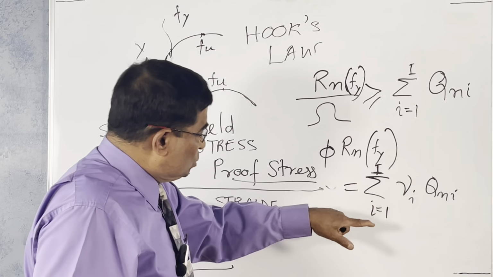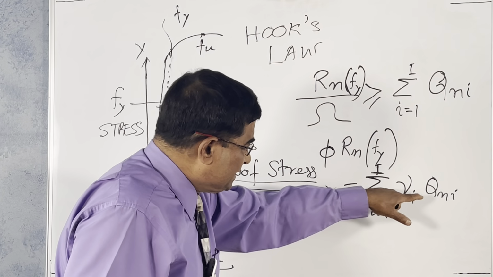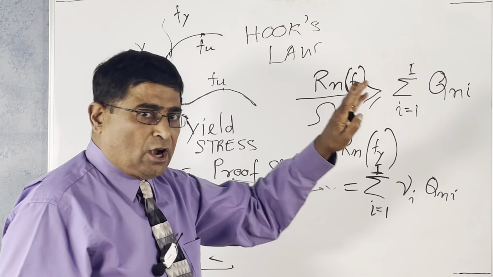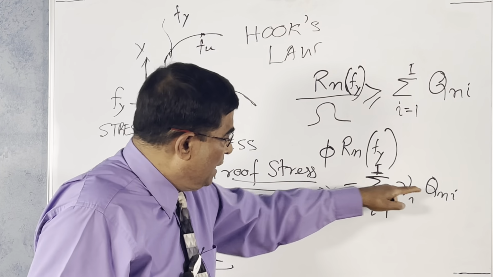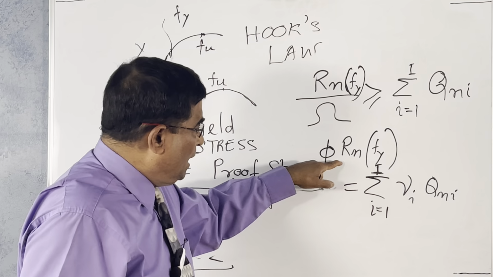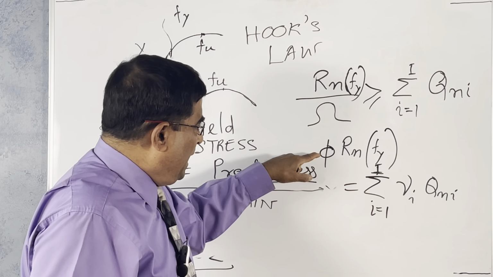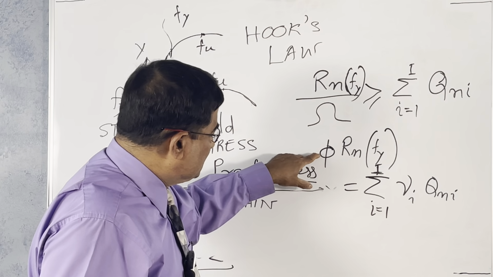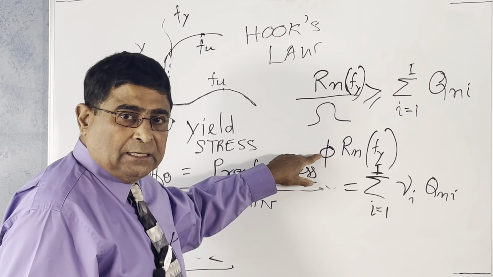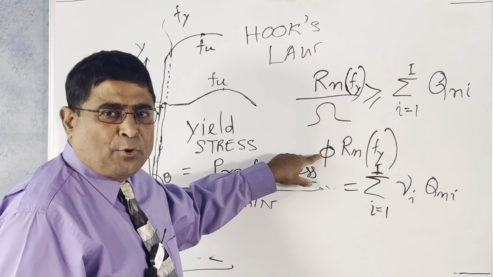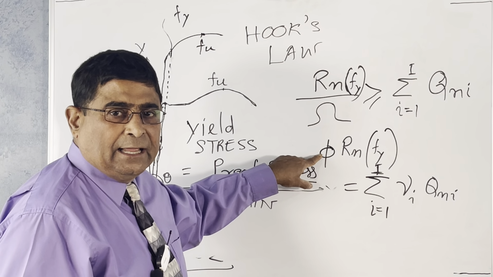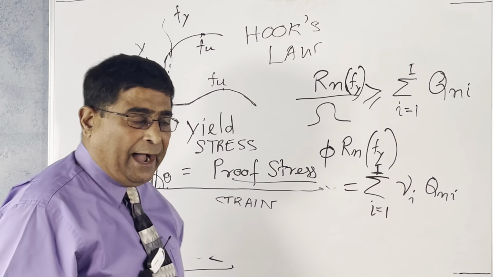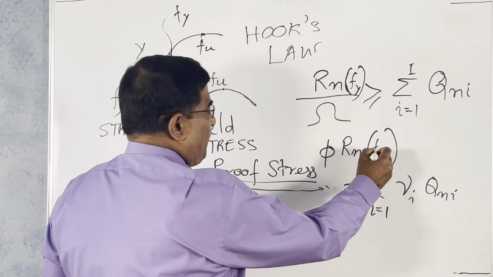So this is the design requirement to counteract the external force. But this is the actual nominal strength of the section you design, and this is the phi factor, 0.9, 0.85 like that. It is the resistance factor, and this is the load factor, gamma_i. Here also you see that Fy is involved.